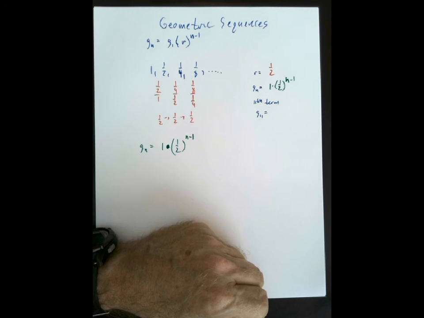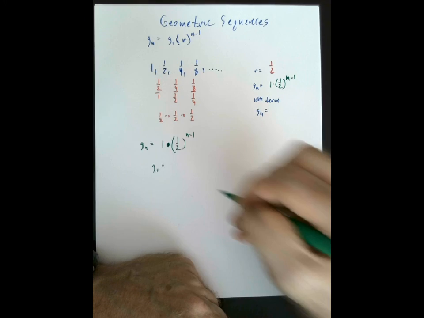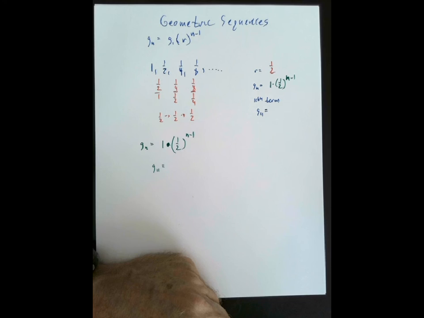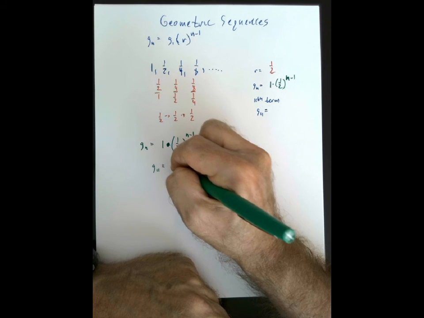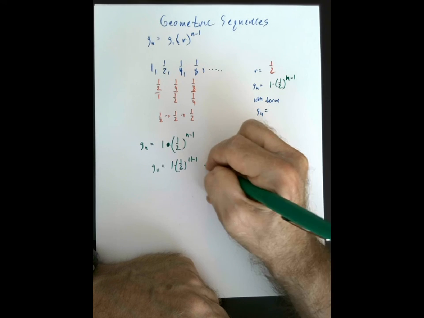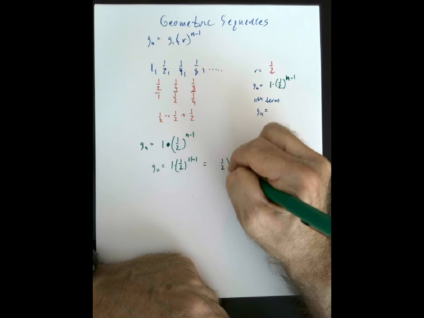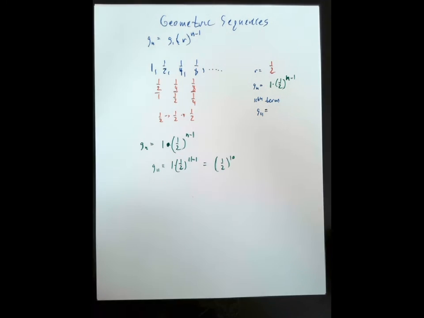Now, what's the 11th term? Well, that's going to be G sub 11 is equal to 1 times 1/2 to the 11 minus 1, right? So that's 1/2 to the 10, right?